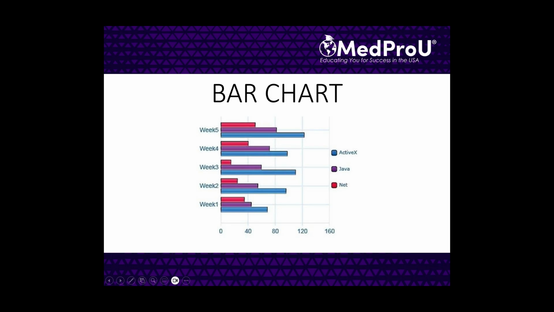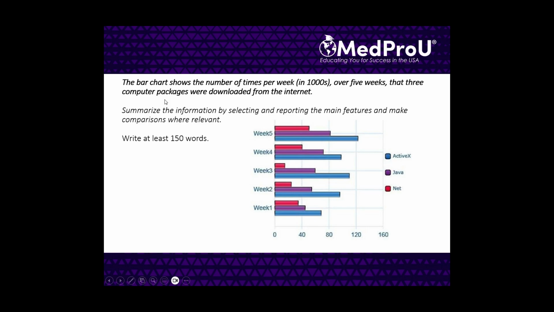Now let's practice. So this is a bar chart. When we start the essay, we should start with introduction. So now what I want you to do is to paraphrase the first sentence, the sentence above, make it an introduction. Type it on the chat box.